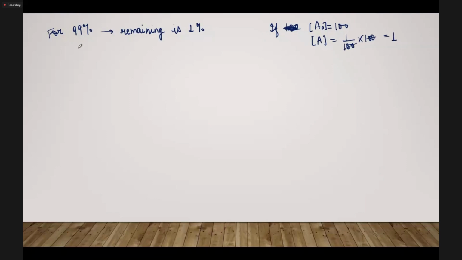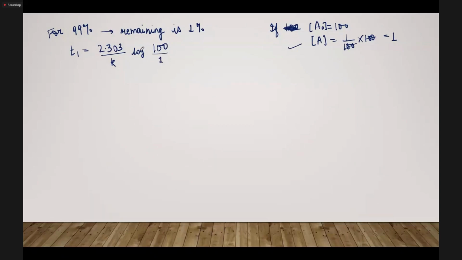So when you put this value, the time that comes, let us call it T1, would be 2.303 by K log of the initial concentration, which we took as 100 according to this convention, and the final concentration which is remaining is 1. Obviously you don't know K, they have not given you the value of K, and you don't require it also.